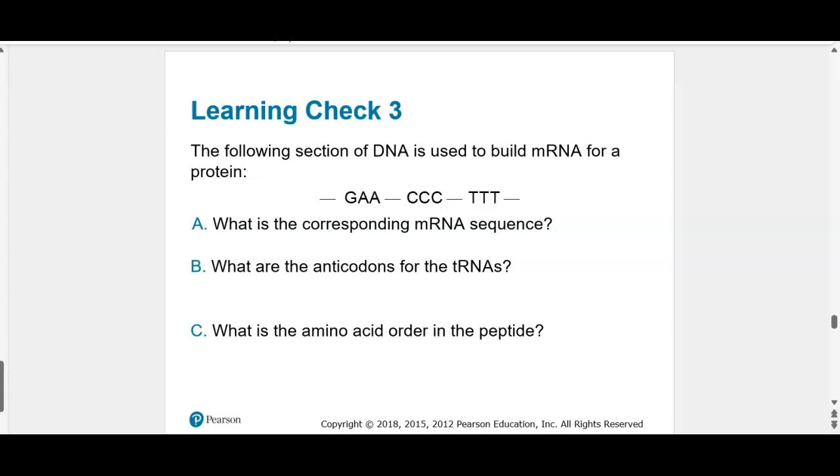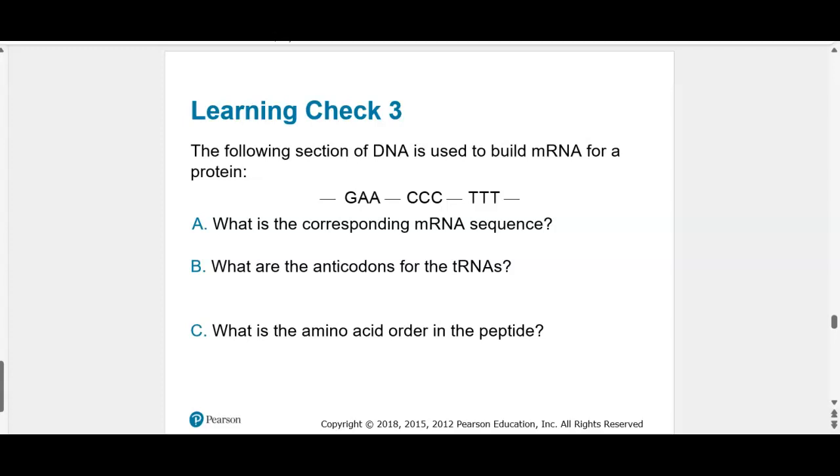So this first one's going to be CUU. And then the CCC is going to be GGG. And then TTT is going to be AAA, the adenine. Each step is going to be the complementary one.